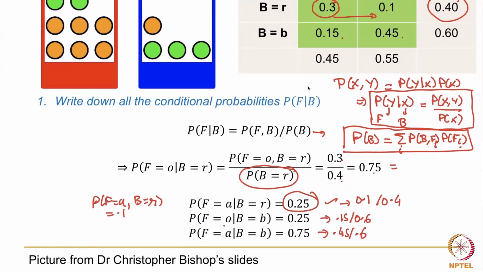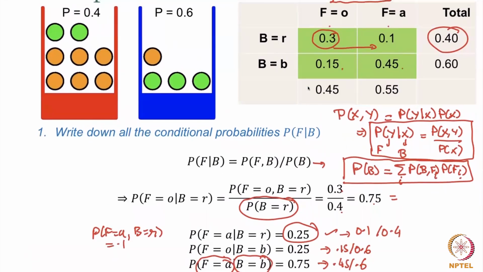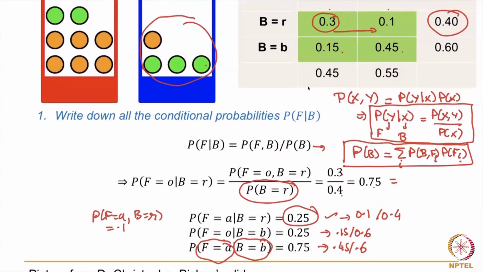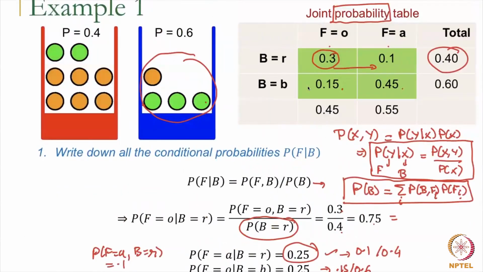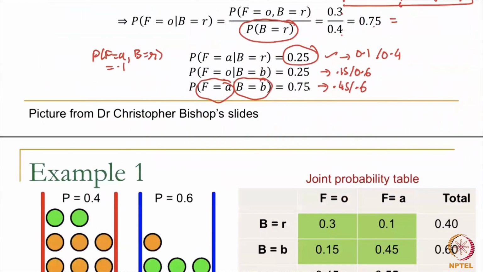So for example, given that the basket was blue, the probability that you pick an apple is obviously 75%. This is straightforward. Given that I am already in this box, I am obviously going to get 75% likelihood that I am going to pick an apple. Okay. We have just done it in a more formal way here, right out of the table. Because really speaking, that's how we operate for large cases. We can't do them intuitively.